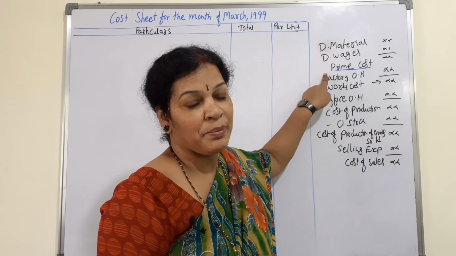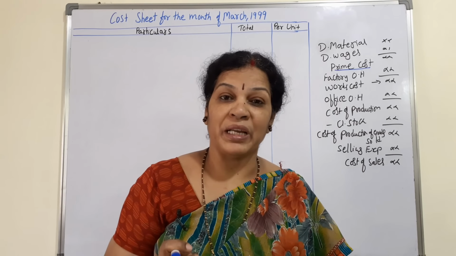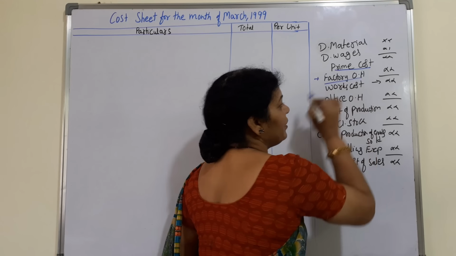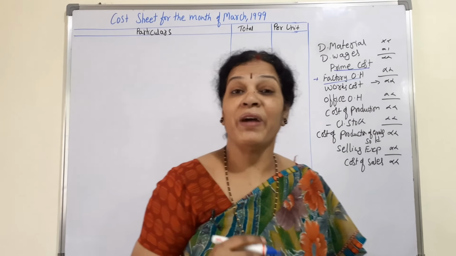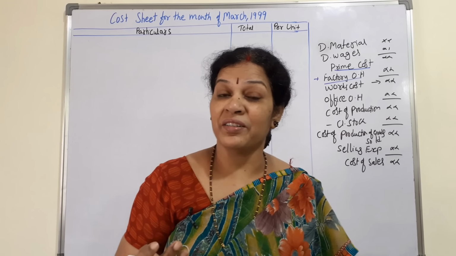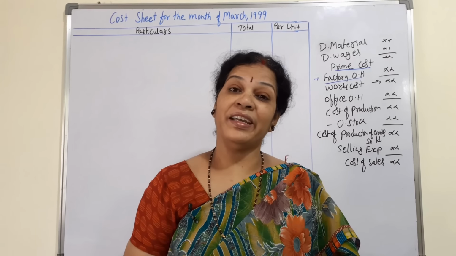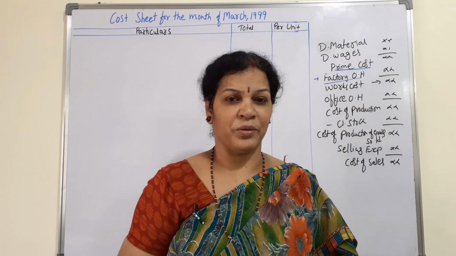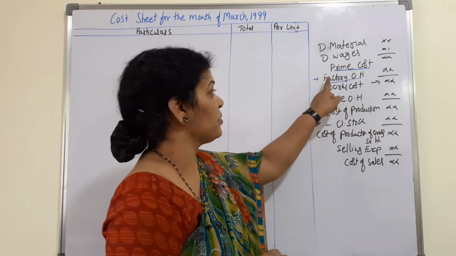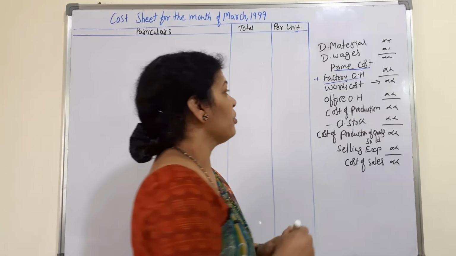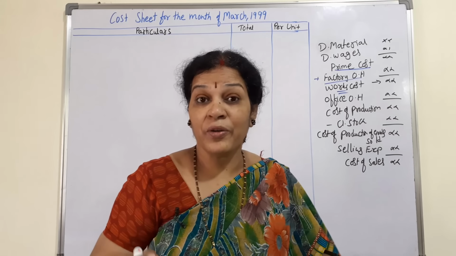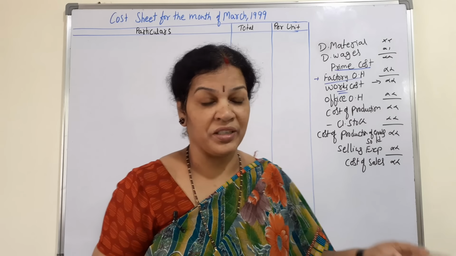Once we get the prime cost, then add factory overheads. Factory overheads means any kind of expenses related to the factory, which we have already learned in final accounts. If we add those, you will get works cost, or factory cost, anything you can say.